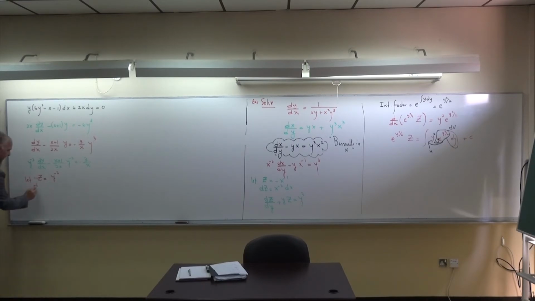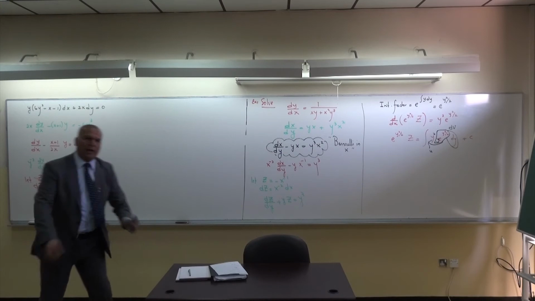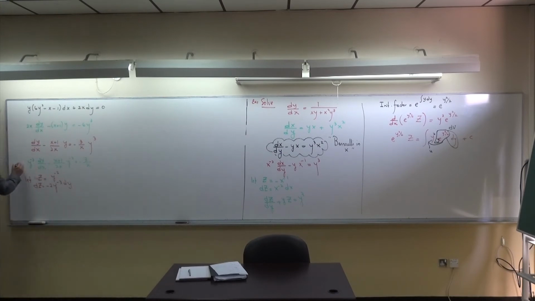So you can see dz becomes minus 2 y to the minus 3 dy. There is no minus 2, right? So multiply the equation by minus 2 here, here, and here. So the new equation becomes dz/dx plus (x plus 1) over x times z equals 6 over x.